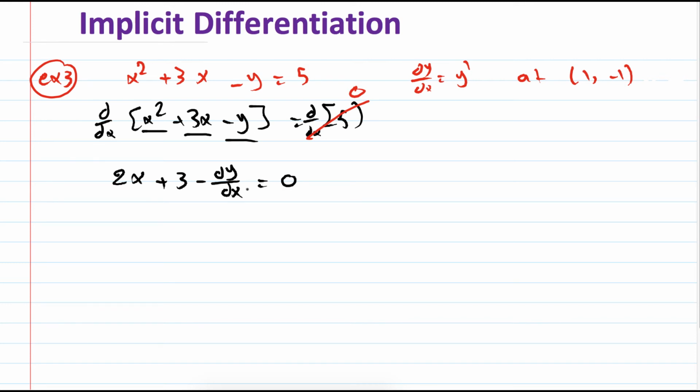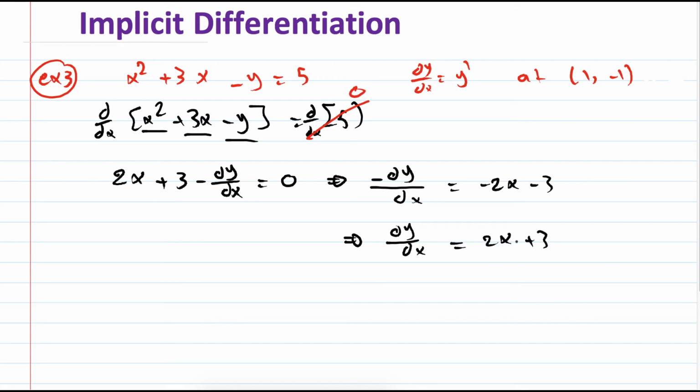Okay, so now I can take everything to the other side and leave the dy over dx on this side. So from this I have minus dy over dx equaling minus 2x minus 3, or this is the same as dy over dx equaling 2x plus 3. I can take a minus out and cancel it with this minus right here.